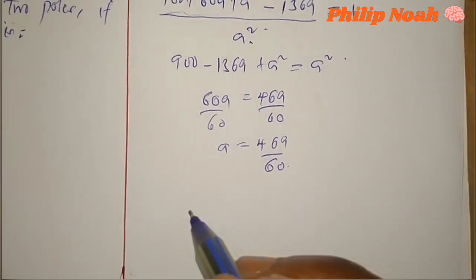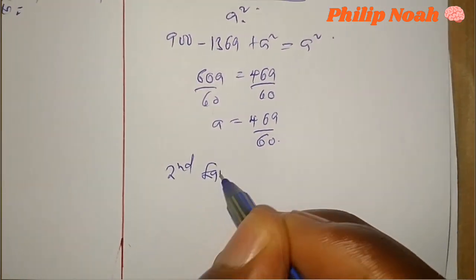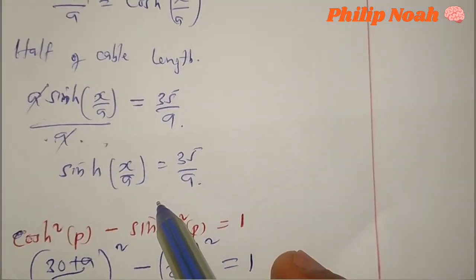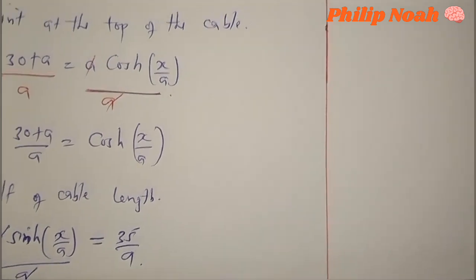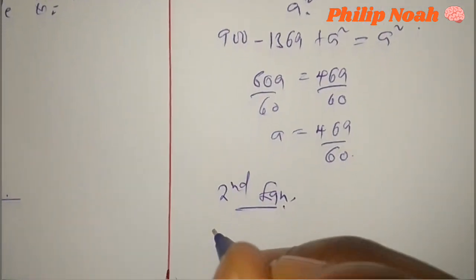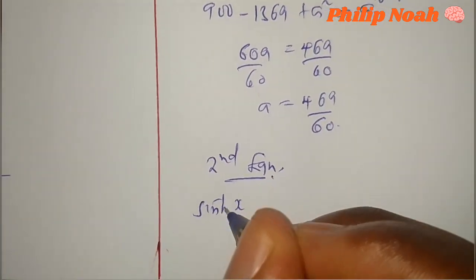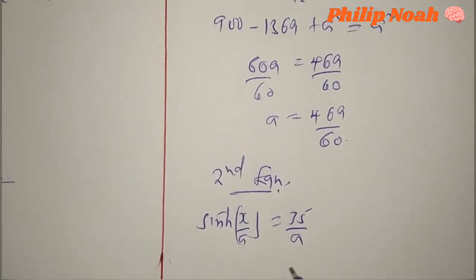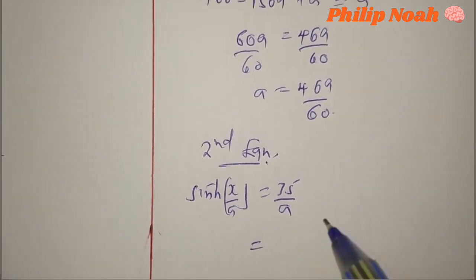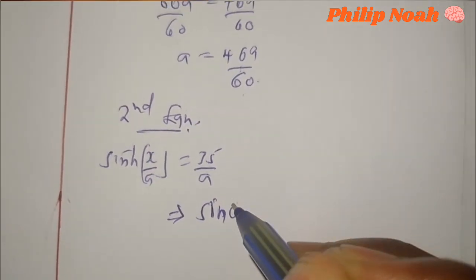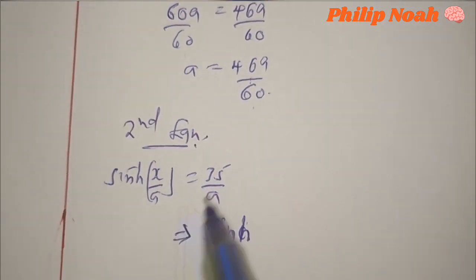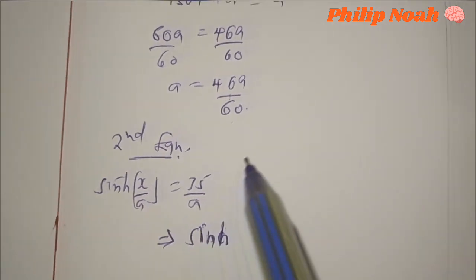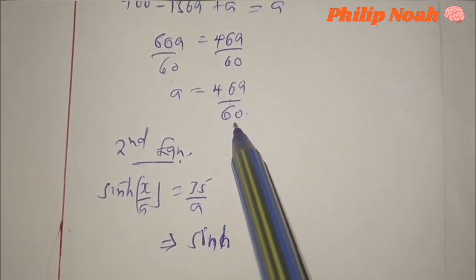In our second equation, this one here, sinh X over A is equal to 35 over A. Our A is 469 over 60.